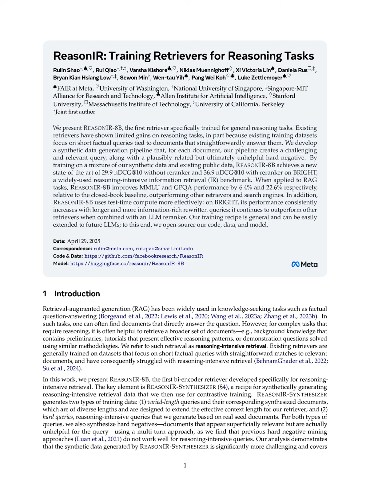Firstly, it is specifically designed for reasoning-intensive retrieval, utilizing the ReasonIR synthesizer to generate challenging training data that includes varied length queries and hard negatives, which existing retrievers struggle with due to their focus on short factual queries.